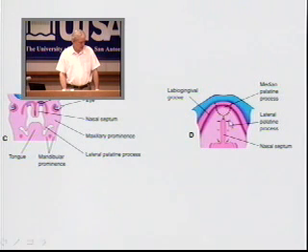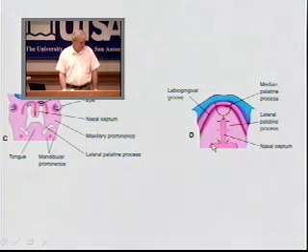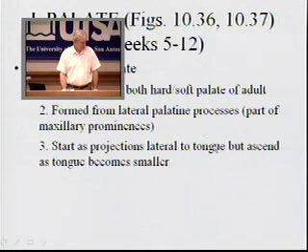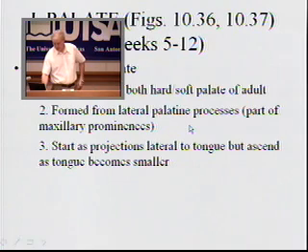The two lateral palatine processes are migrating directly toward the midline and also extending at their posterior-most margin more posteriorly, and ultimately will meet up with the developing palatine bone that we saw in panel B of this figure. So that was a series from the 6th to the 12th week.